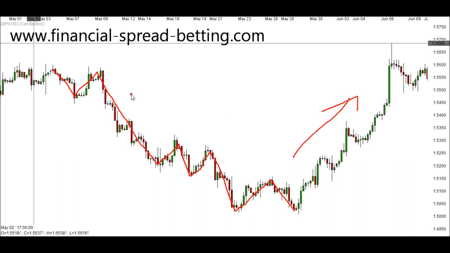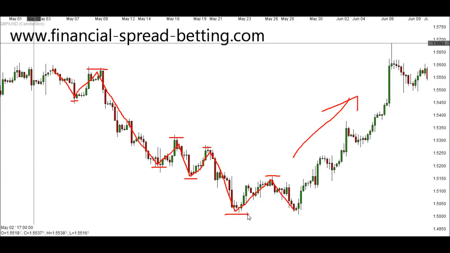The characteristic of a downtrend is lower lows and lower highs. The characteristics of an uptrend is higher highs and higher lows. So let's look at this downtrend. We have a high and a low. We then have a lower high, a lower low, a lower high, a lower low, a lower high, and a lower low.